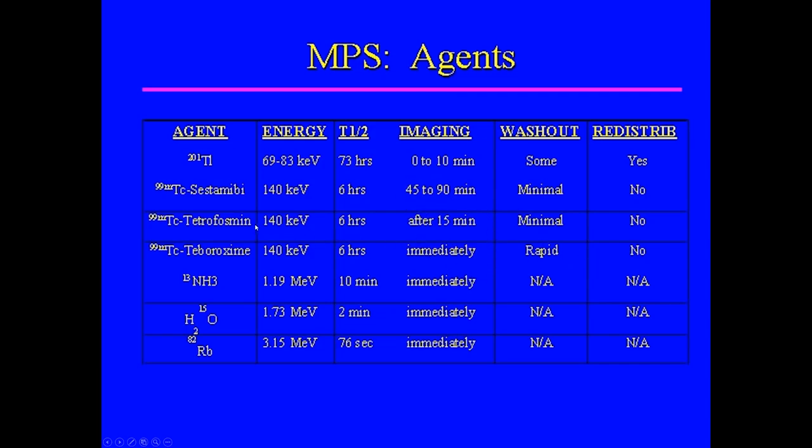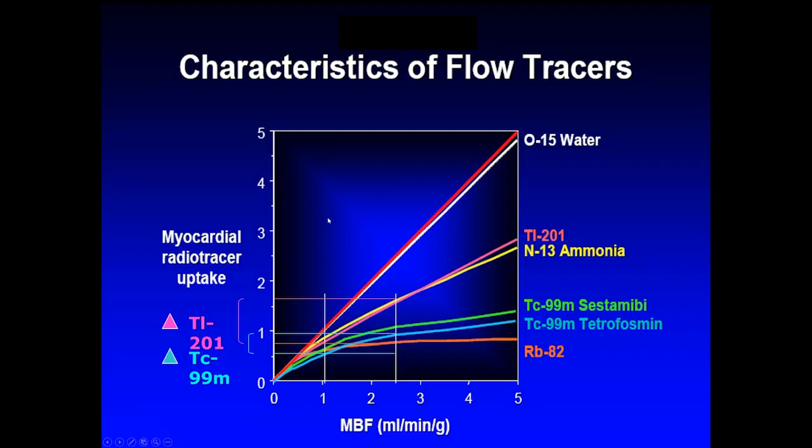So your protocol of how you're going to image and stress the patient, and when to inject, is going to be determined partly by what tracer you are using in the lab, whether it's SPECT or PET. And like I said earlier, we're going to be sticking to SPECT during this talk.